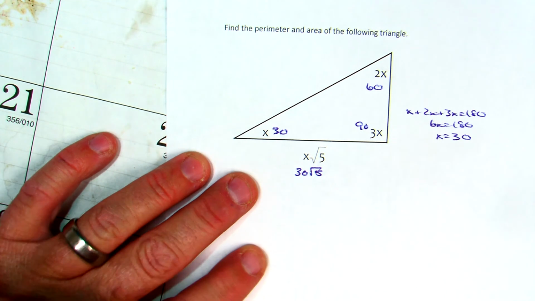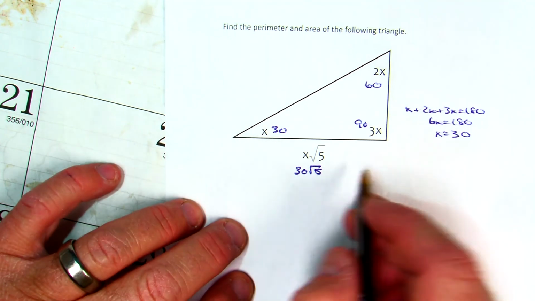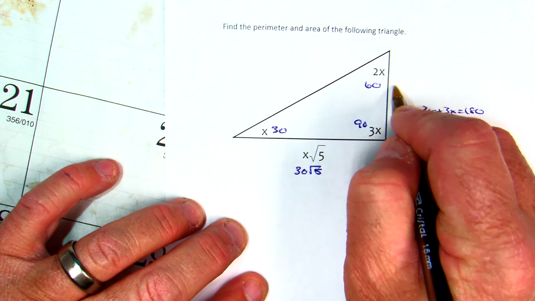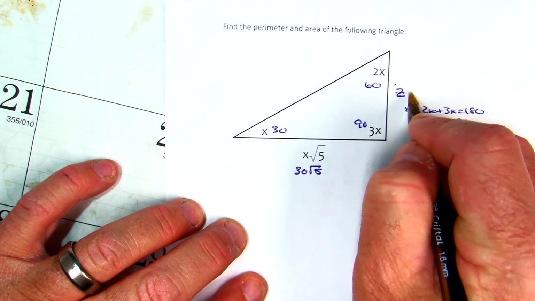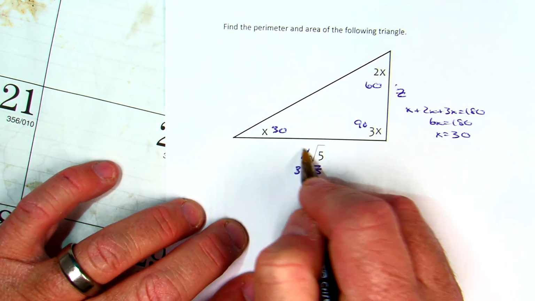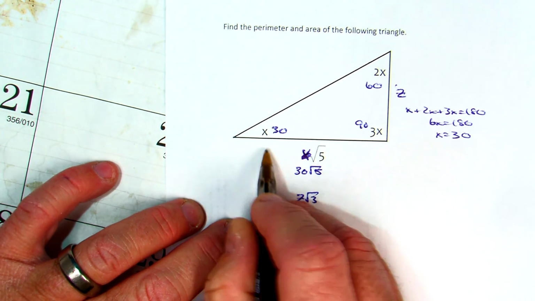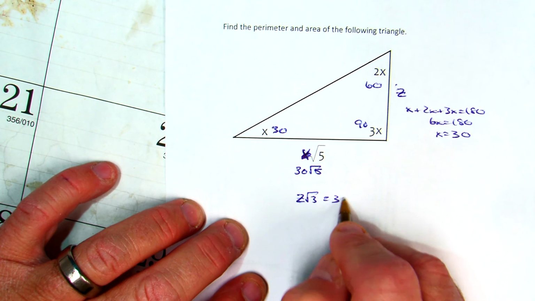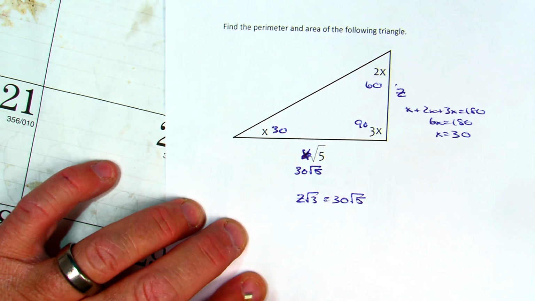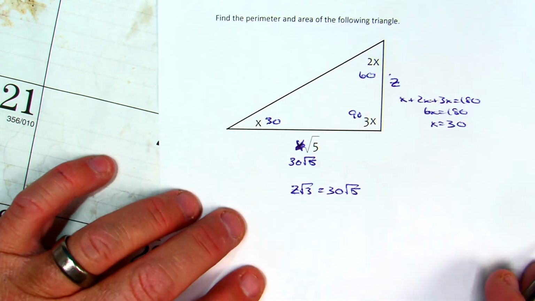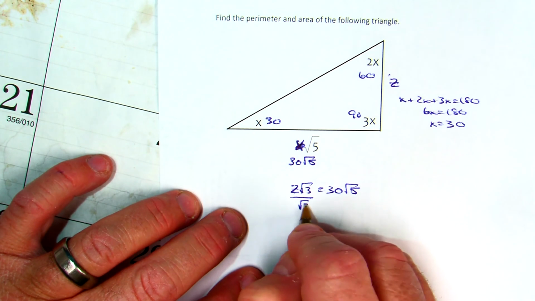Like we talked about in the previous problem, 30 root 5 is the, I'm going to call this z to change the variables. So z root 3, because this is the x root 3 side, is 30 root 5. To get rid of a multiplication by root 3, you divide by root 3.